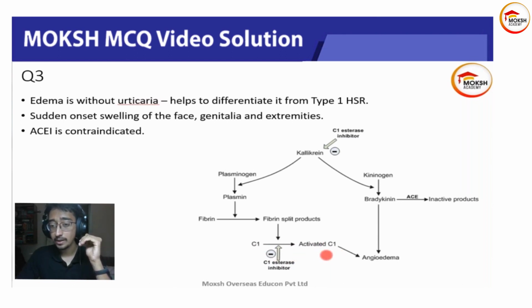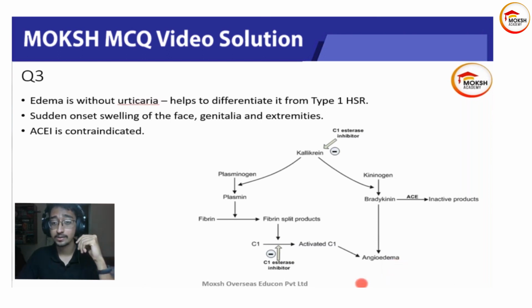This means there will be an increase in activated complement factor 1, right? So basically the complement cascade will be activated because inhibitor levels are low. So that will basically lead to angioedema. The complement cascade leads to vasodilation, right?